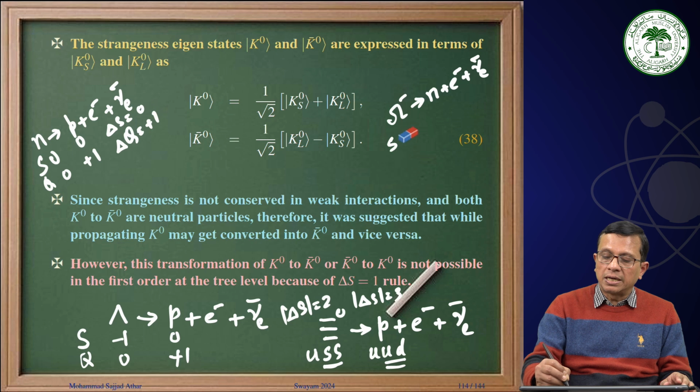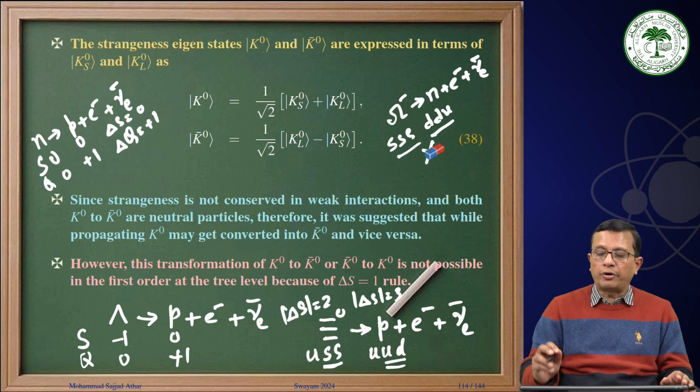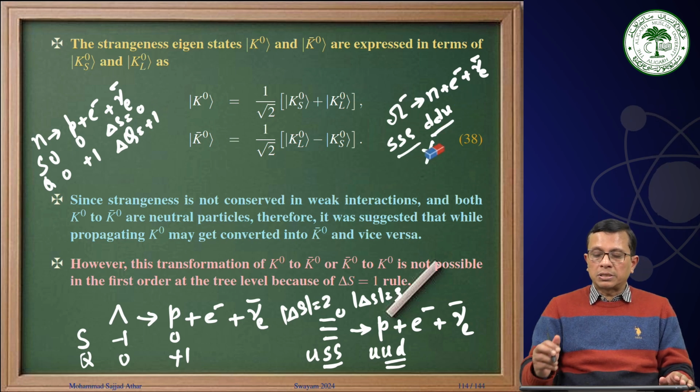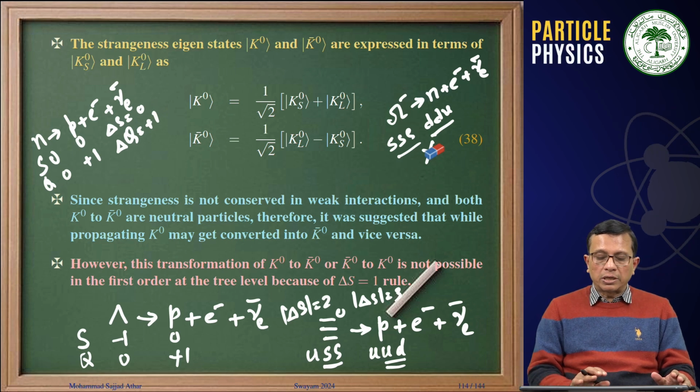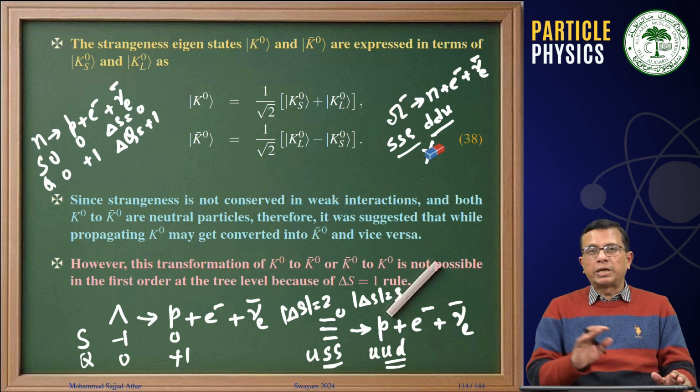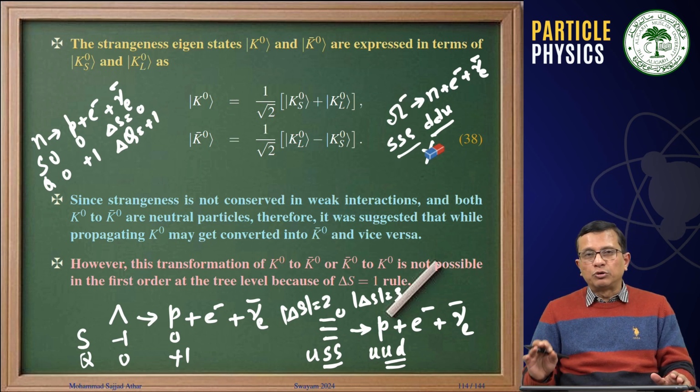Here you can see that 3 s quarks get converted into 3 non-strange quarks, and this is a forbidden process, because, as we will discuss, 3 W exchanges would be required, and that would be a highly forbidden process.